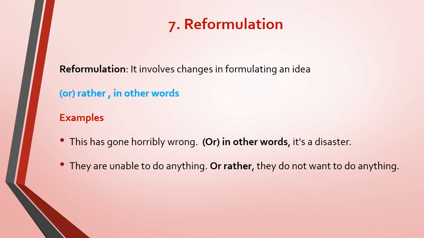They are unable to do anything, or rather, they do not want to do anything. So at first, the writer said that they are unable to do anything, and then after thinking for a while, he thought that this is not really the right idea that he should say. Then he has expressed it differently. He uses here or rather, and we can drop or and start directly with rather. This is the meaning of reformulation.